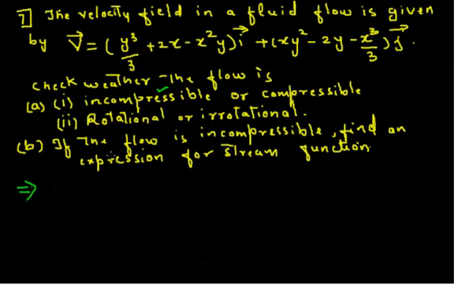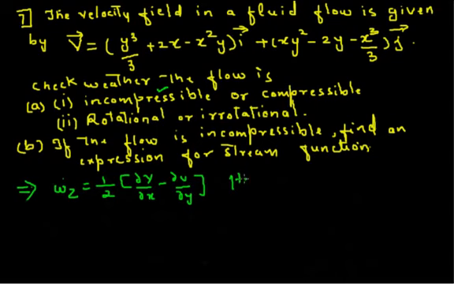Now the flow is taking place in the xy field because it's a two-dimensional flow, and velocity components in x and y directions are present, that is u and v. So we will find out the rotation about an orthogonal axis. So rotation about z axis is given by 1 by 2 (del v by del x minus del u by del y).